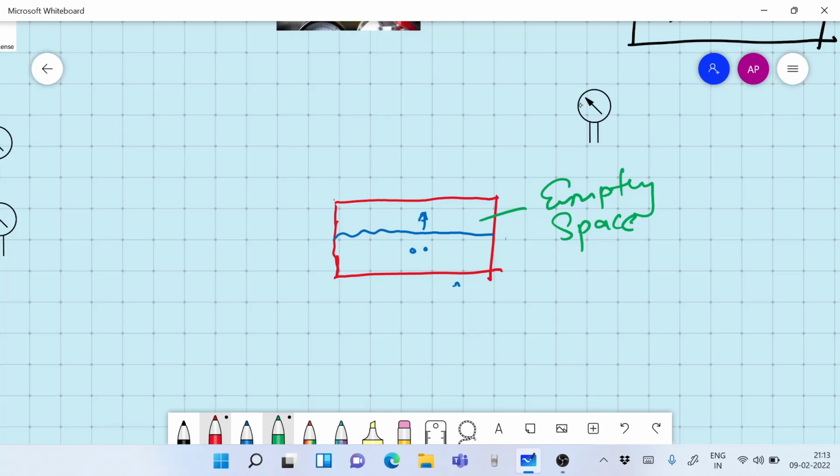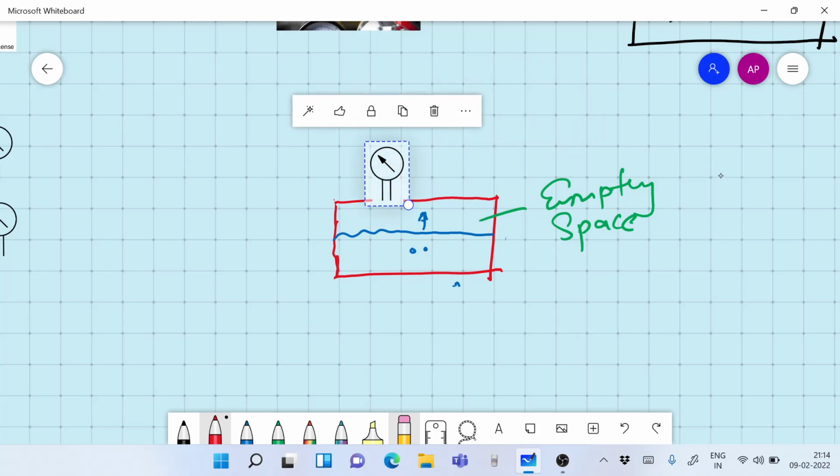And let's do something more interesting here. So what we do is we make a small slit here and we take this pressure gauge and we put it up here once again to see what really happens. Still, the vapors can't escape to the atmosphere. They can only at the most go to the pressure gauge.